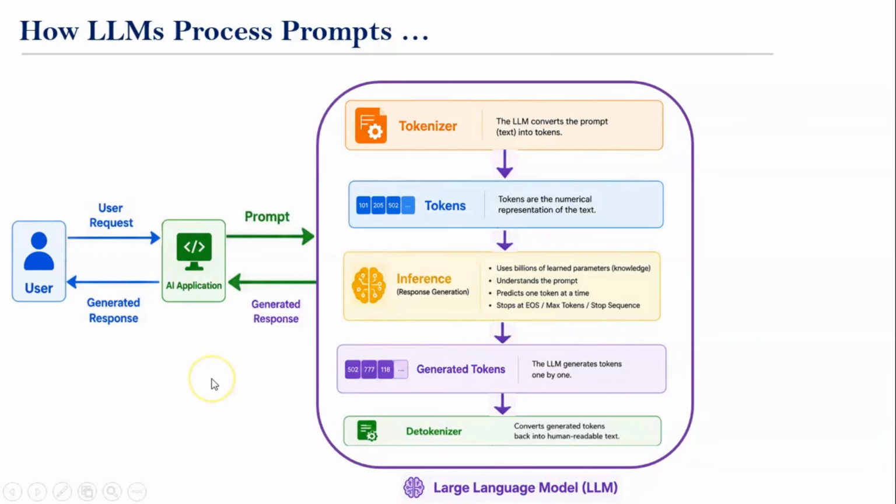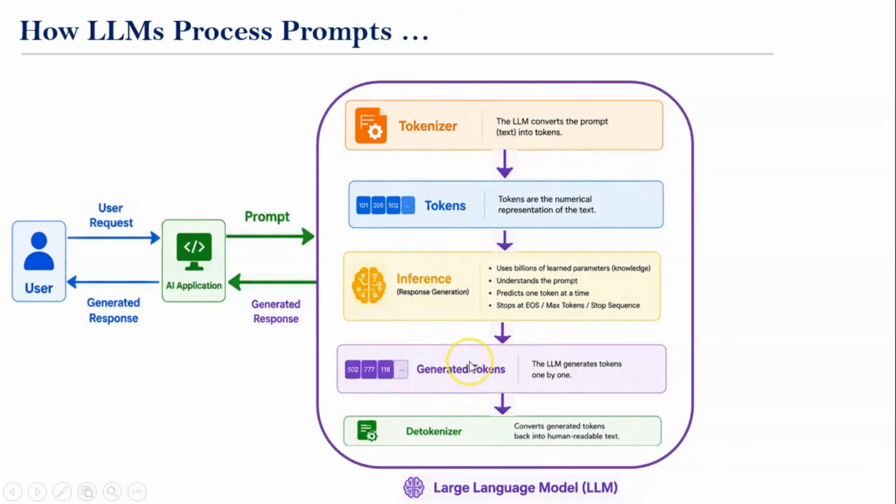That's it. So here, as an AI application developer, you have to understand about tokens. So simply, our prompt will be converted into tokens. Those are called input tokens. Now on those input tokens, the LLM executes the inference operation and generates some output tokens.